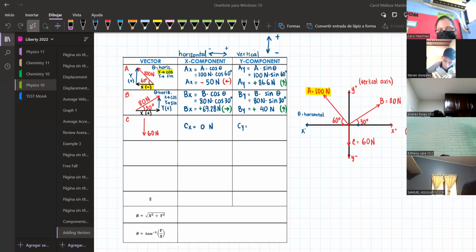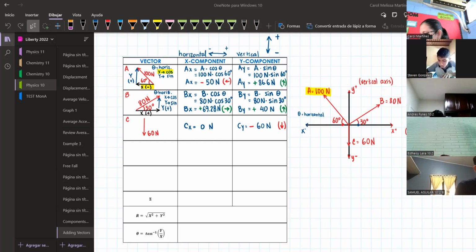Down. The arrow is going down, so I know that it's going to be negative. We just write the same value of the vector, the same 60 that we had initially. We don't need to calculate anything.